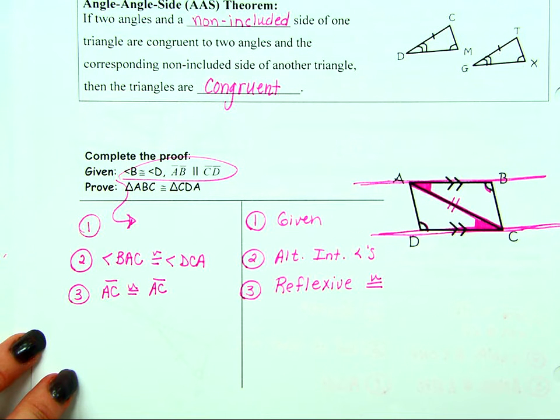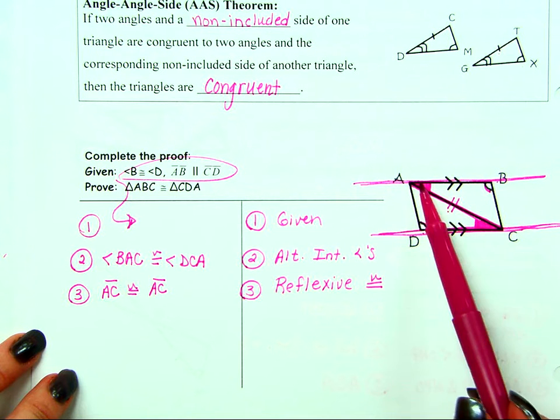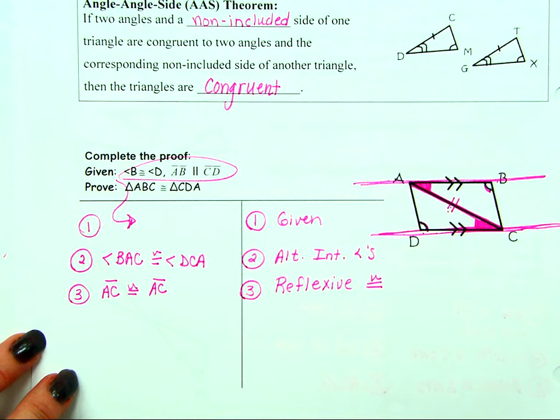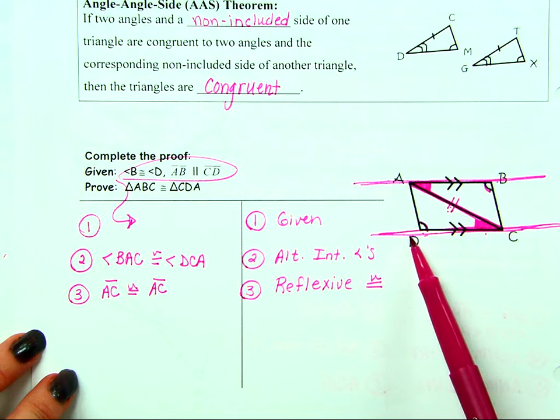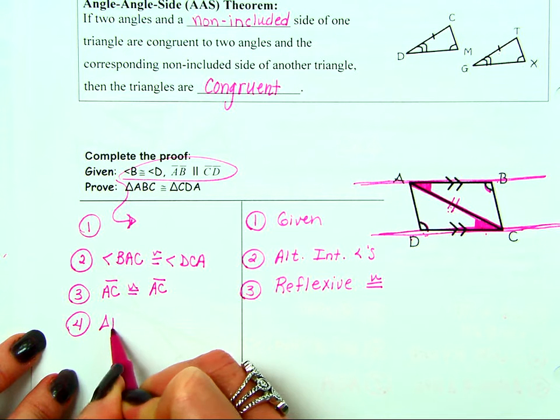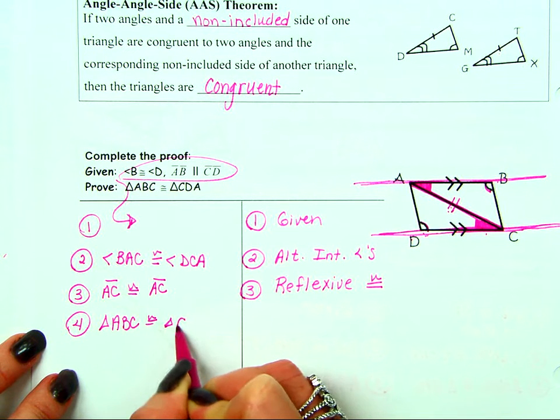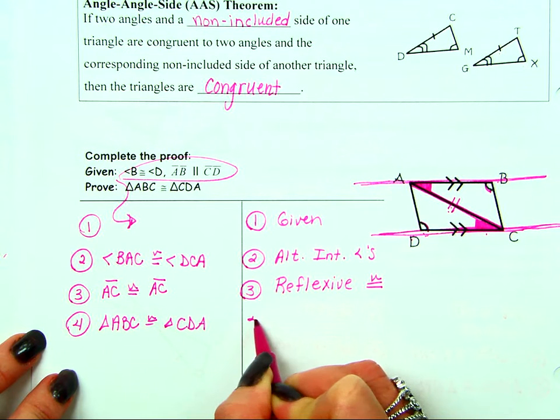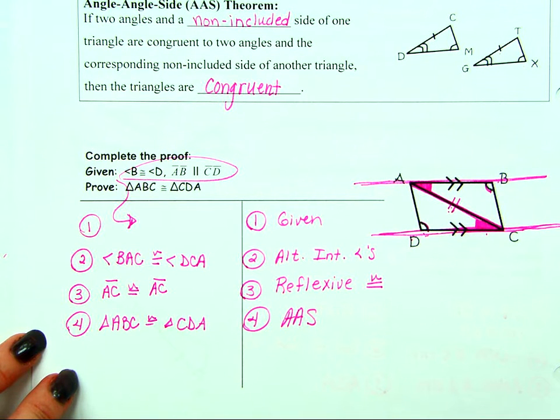And now I can actually say, well, this shows angle, angle, side, shortcut. Now I will tell you that angle, angle, side in some textbooks is written as side, angle, angle. It means the same thing. So my triangle ABC must be congruent to triangle CDA by using the angle, angle, side shortcut.